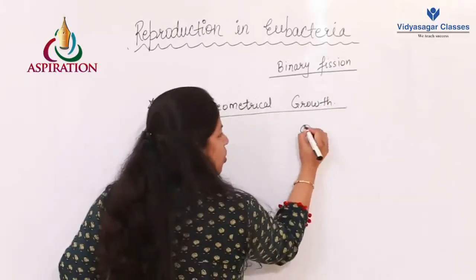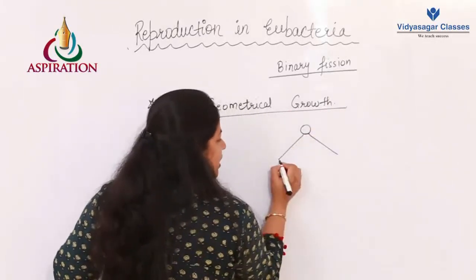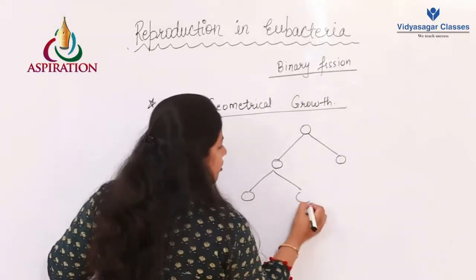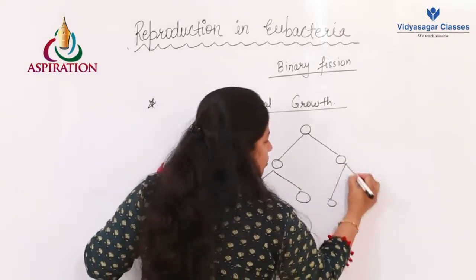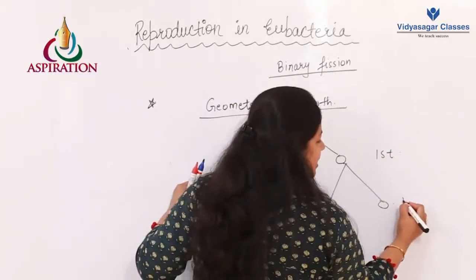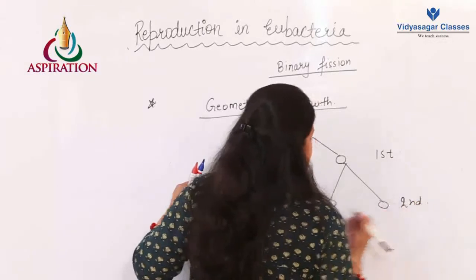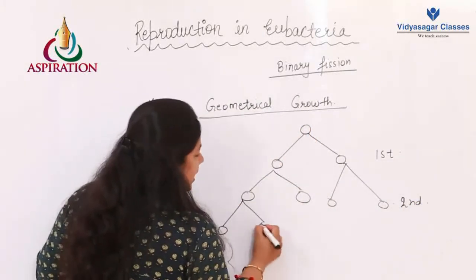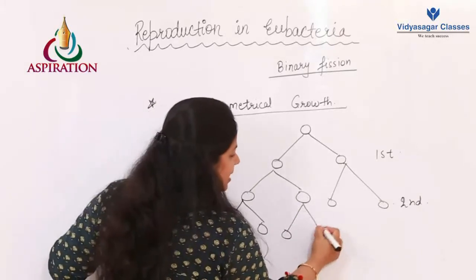One bacteria divides to form two, and these two divide to form four. So this is the first generation, this is the second generation, and in the third generation we'll get 8 bacteria.